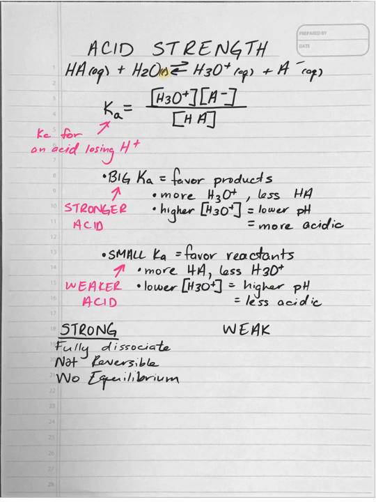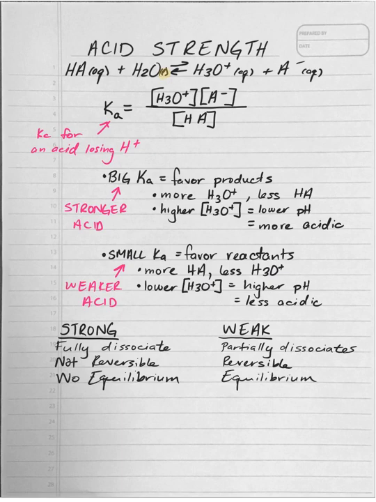So strong acids fully dissociate, they are not reversible, and they have no equilibrium. A weak acid only partially dissociates. These are reversible reactions, and they do form an equilibrium.